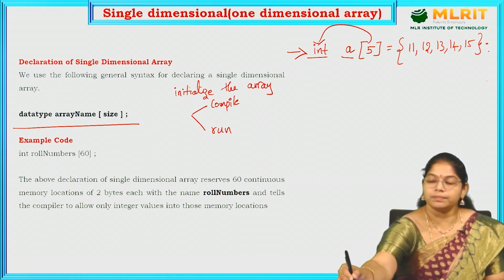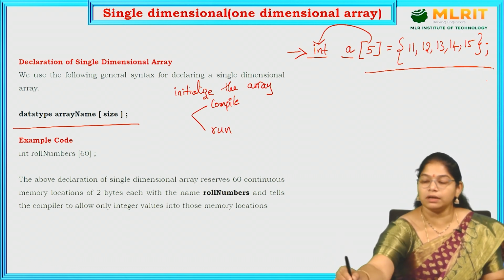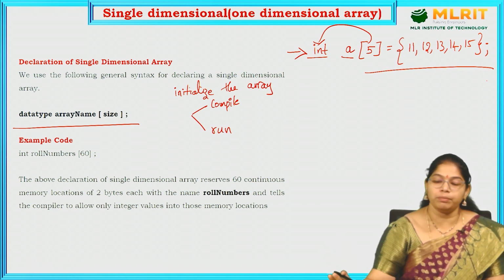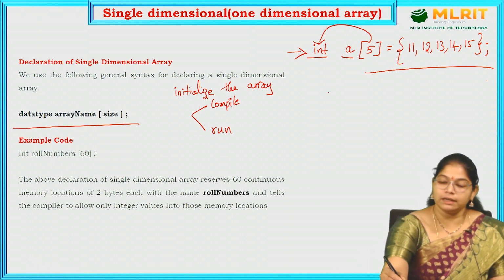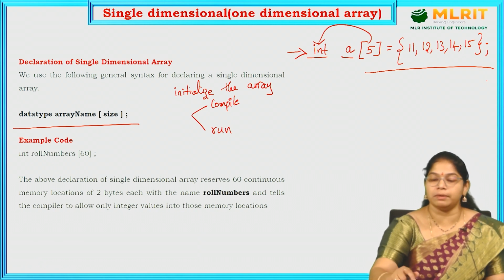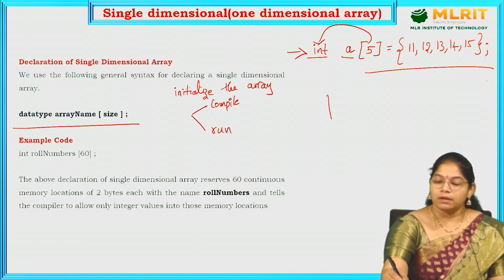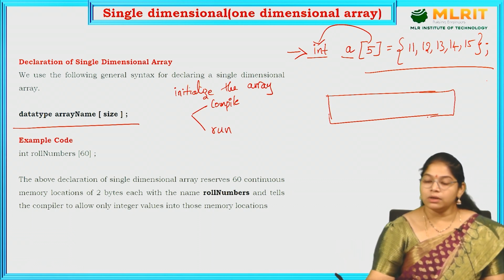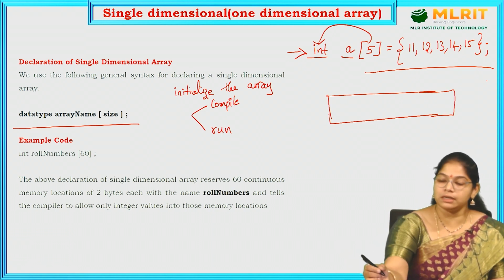So this is called compile time initialization, because here I am providing the values where I declare the array. When we visualize this in the memory layout, I told you that in memory a single dimensional array always stores values in a row form, that means linear.